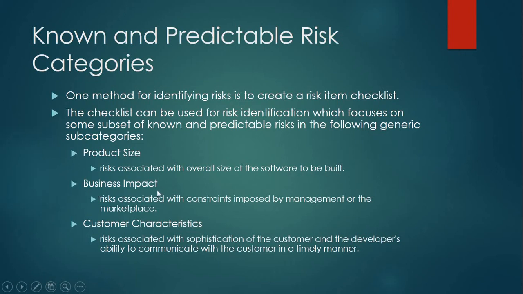Second, business impact, risk associated with constraints imposed by management or the marketplace. Third, customer characteristics, risk associated with the sophistication of the customer and the developer's ability to communicate with the customer in a timely manner.